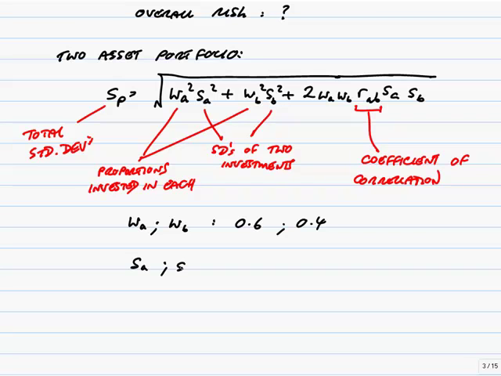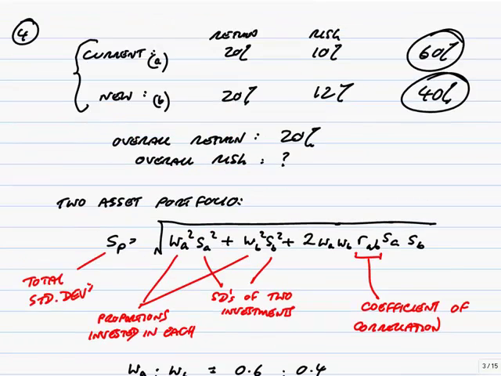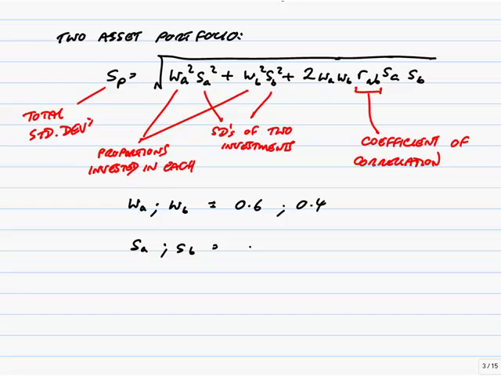SA and SB are the two standard deviations. Well, the first one was 10%, the second one 12%. Now, incidentally, as you'll see, I'm going to use percents in the equation, and I'll end up with the standard deviation as a percent. If you prefer, use decimals, 0.1 and 0.12, and your answer will end up as a decimal. It doesn't matter. If you're not sure, check it both ways and convince yourself.